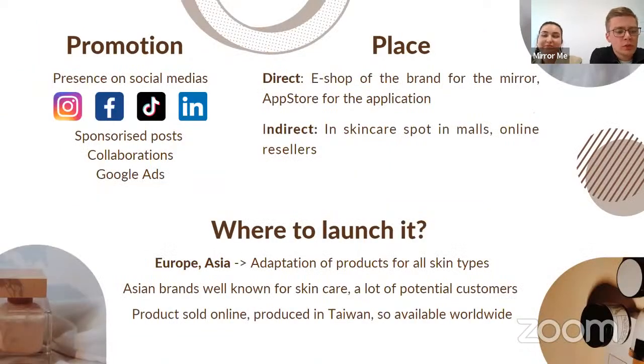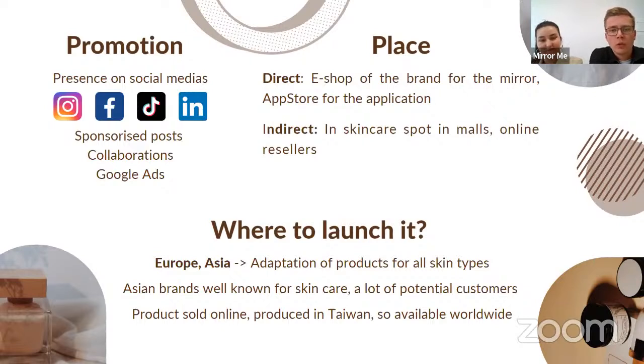So the promotion will take place online, mainly with sponsored posts on diverse social media, and also by the creation of Google Ads and a partnership with a beauty influencer. We will also create our website to commercialize our eShop, first the mirror and also the application on diverse app stores.